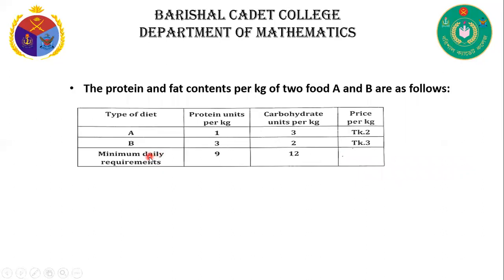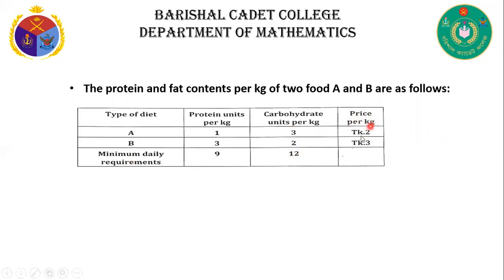Now another question. The protein and carbohydrate contents per kg of two foods A and B are as follows. Type of diet A and B and minimum daily requirement. Proteins units per kg 1, 3 and minimum requirement 9. And carbohydrate units per kg are 3, 2 and minimum daily requirement 12.